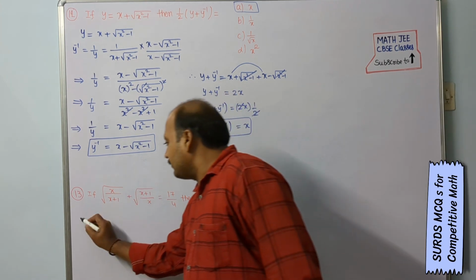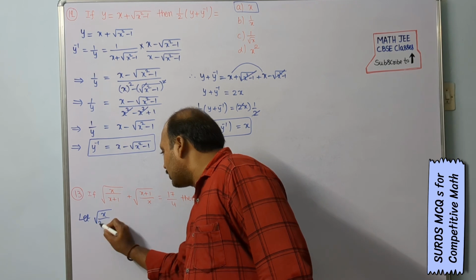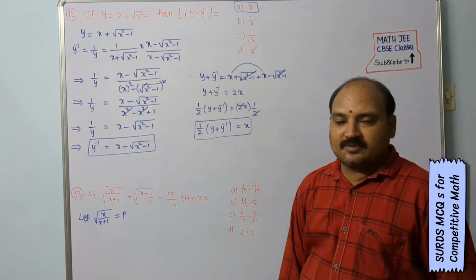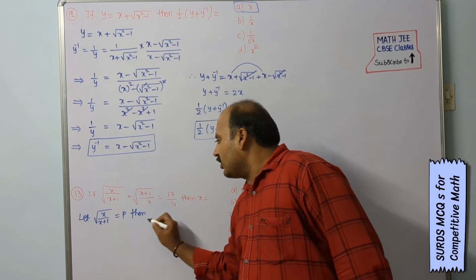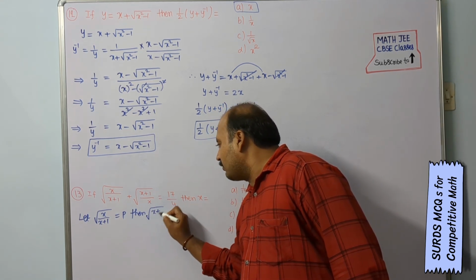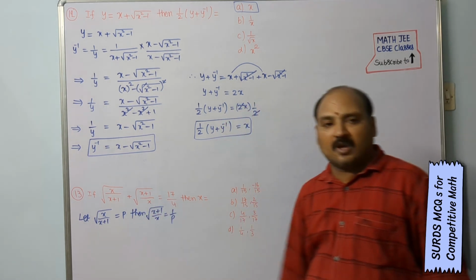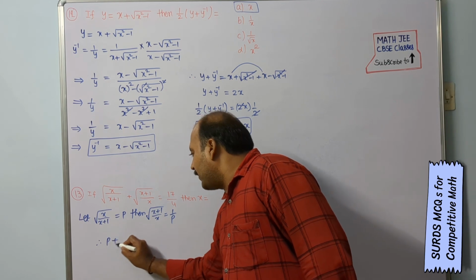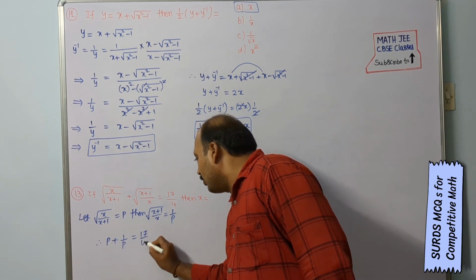So first term, let root x by x plus 1 is equal to some p, you take it dear students. So obviously then root of x plus 1 by x will become 1 by p. Why? Because it is the reciprocal of that one. So this given equation will become p plus 1 by p is equal to 17 by 4.